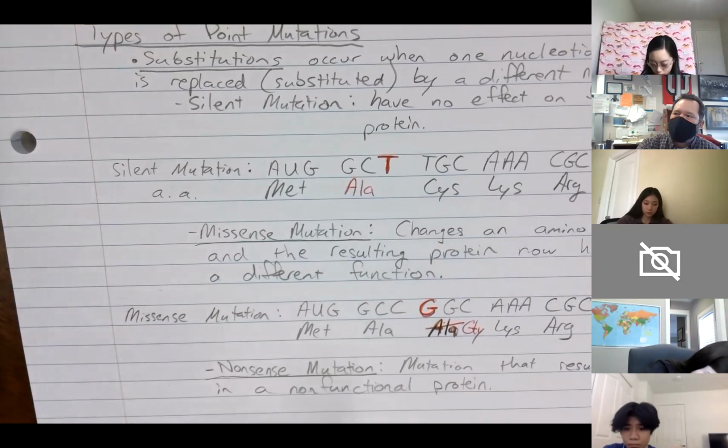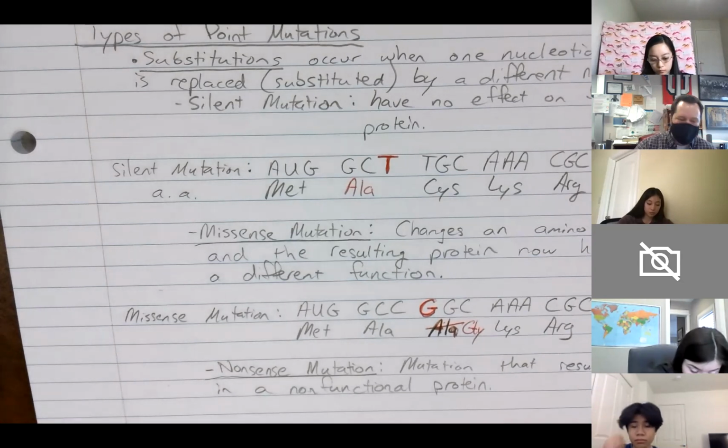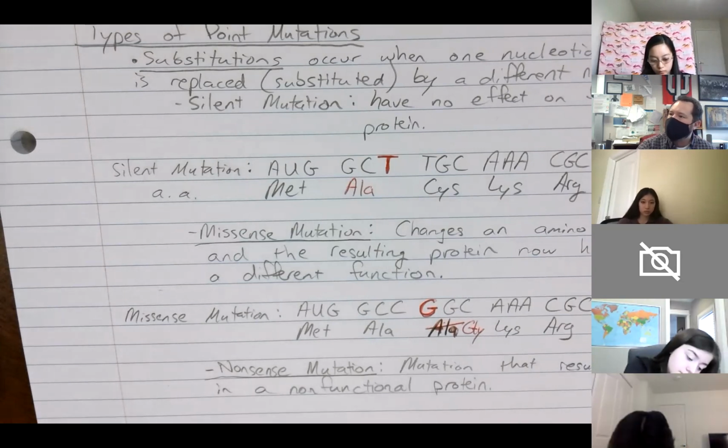A missense, again, oftentimes like you guys experienced in that activity you did over the weekend, a missense mutation, you can oftentimes still kind of see what the word is. The protein still has its basic function, its basic job. But a nonsense mutation, now we've got a non-functional protein. Now we've got a protein, this is not how it's supposed to be.